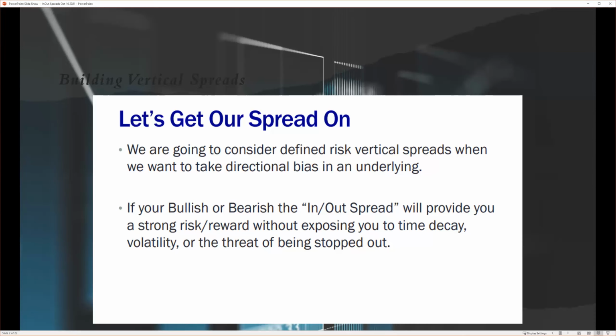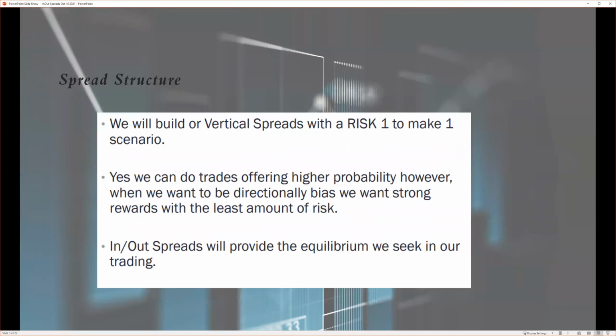If you have any questions along the way, just let me know. So what is the spread structure? We build a vertical spread with a risk 1 to make 1 scenario. Remember our risk reward ratio for day trades is 1 to 3, right? Since those are way more risky, you need a better risk reward ratio, because you are very likely to have a low rate of being right.